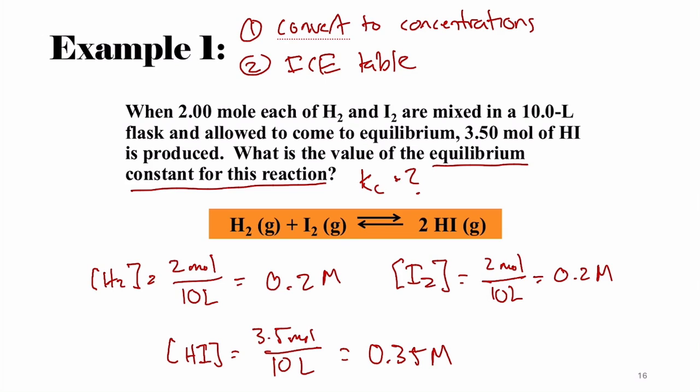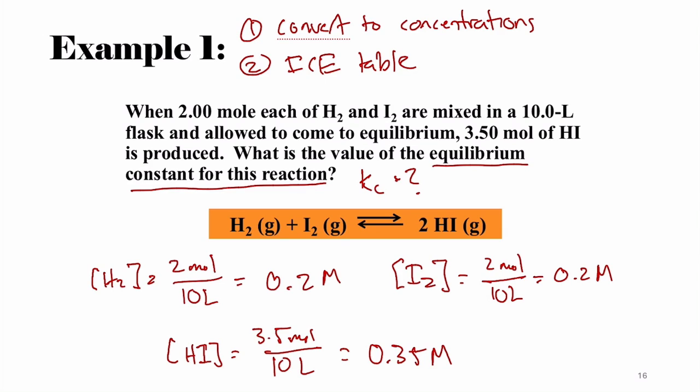Right, so if we think about it in terms of the ice table, and we're filling out an ice table, what's different between those concentrations? It's an increase of 0.15, I guess, from reactants.